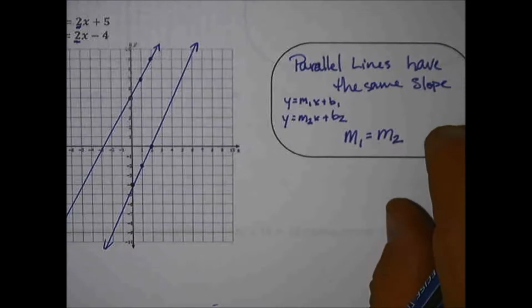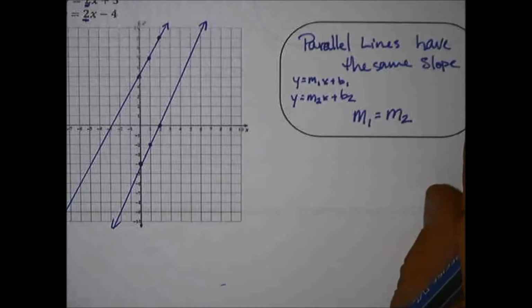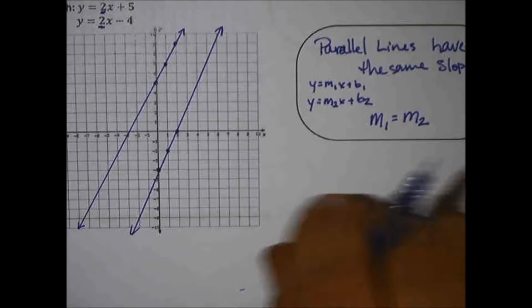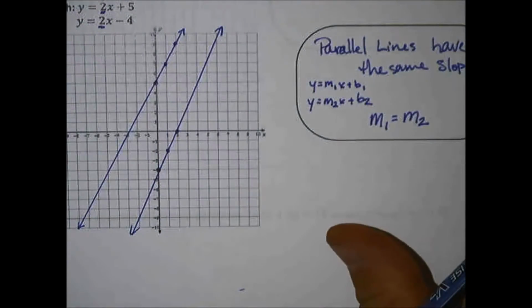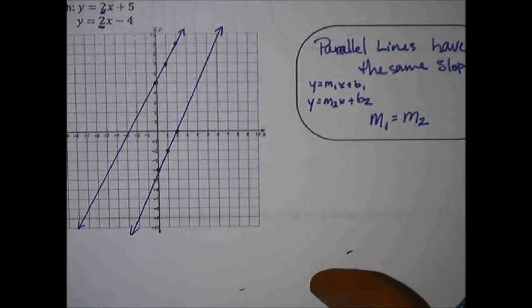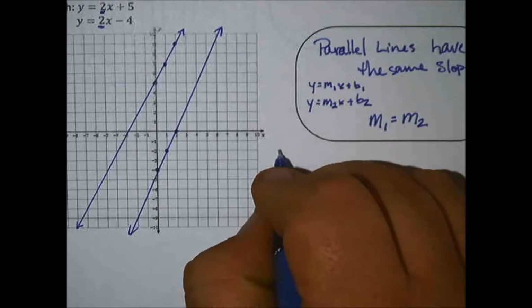Okay, so let's look at how to find, we're going to be asked to, for instance, find a line parallel to one of these lines through whatever point. So let's kind of come up with some steps to follow, you know me.